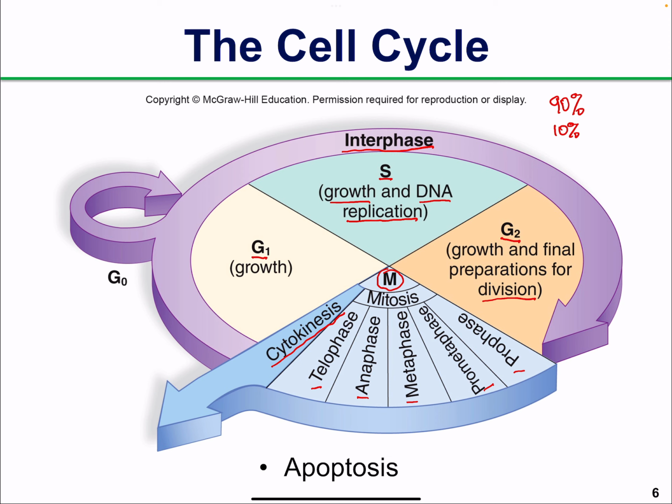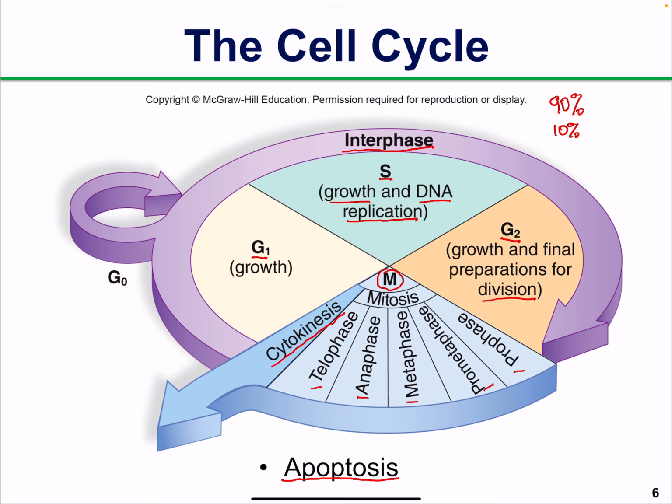It can be unequal distribution of the genetic information, too bad to be passed down, right? So anything that can compromise the integrity and the function of the cell is going to trigger programmed cell death or apoptosis. I want you to remember that term, apoptosis.